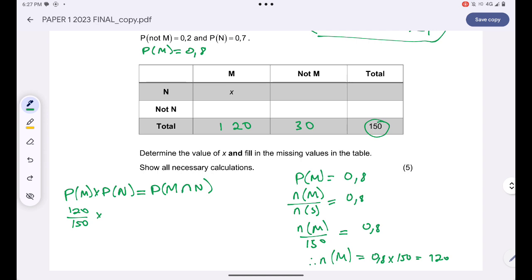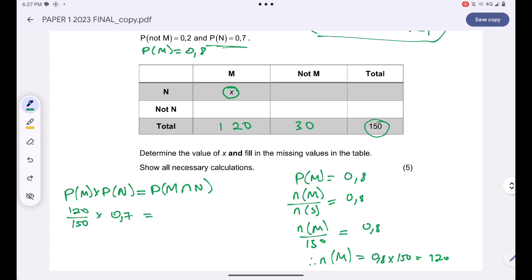Let's check. Oh, we are given the probability of N. That's 0.7, right? So that's 120 over 150 multiplied by 0.7. This is equal to the probability of M and N.